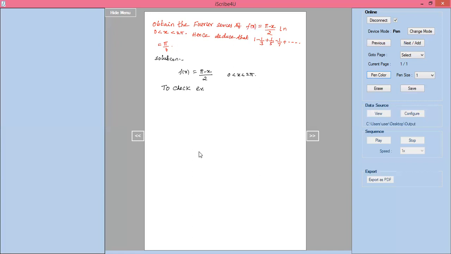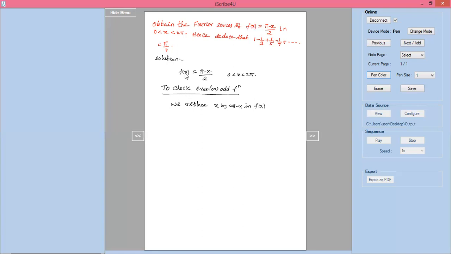To check even or odd, since the interval is 0 to 2 pi, as I already told, we replace x by 2 pi minus x in f of x.